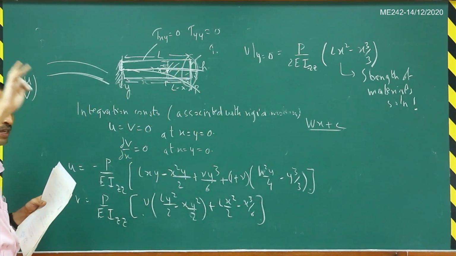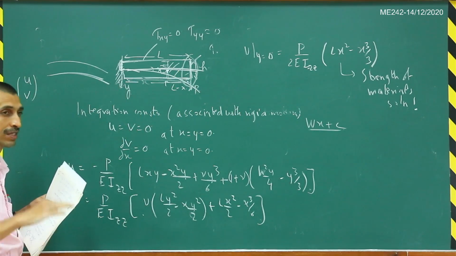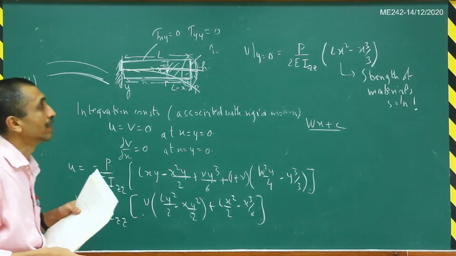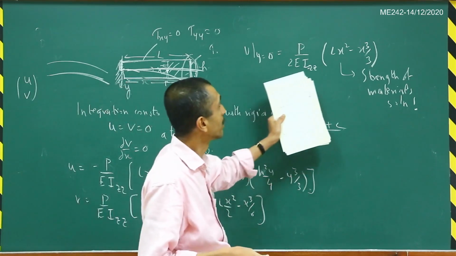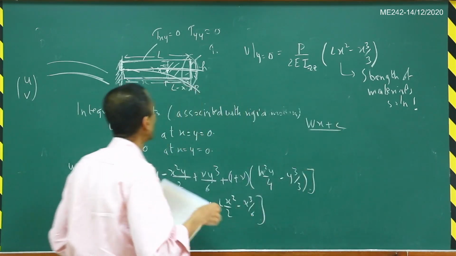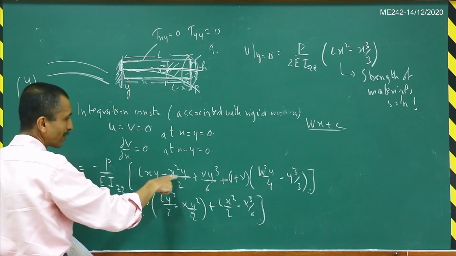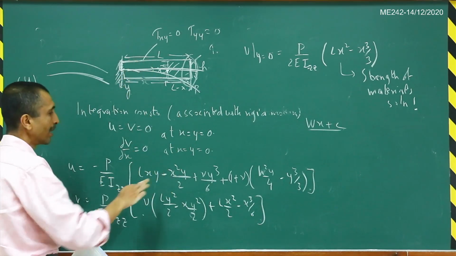And so it is really, really interesting that the more exact approach, using the theory of elasticity, solving a bunch of partial differential equations subject to some boundary conditions, finally gives a solution that is very, very close to the strength of material solution. So even if you go to the top fiber, the effect of this y is fairly minimal. I mean, it is there, of course.